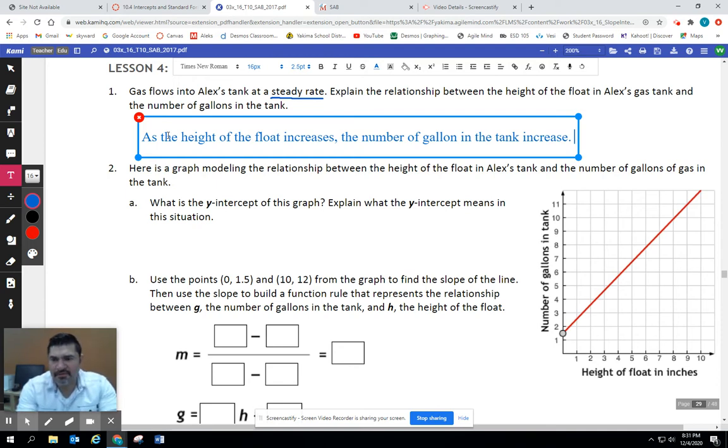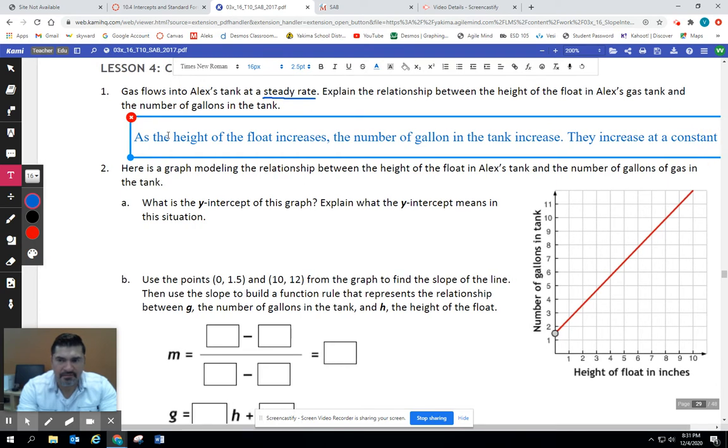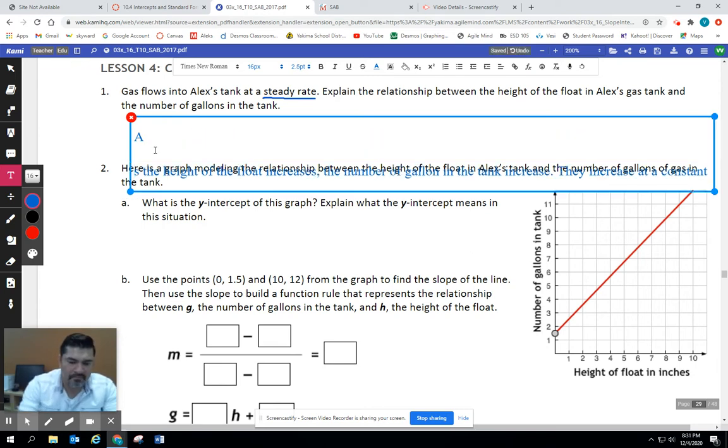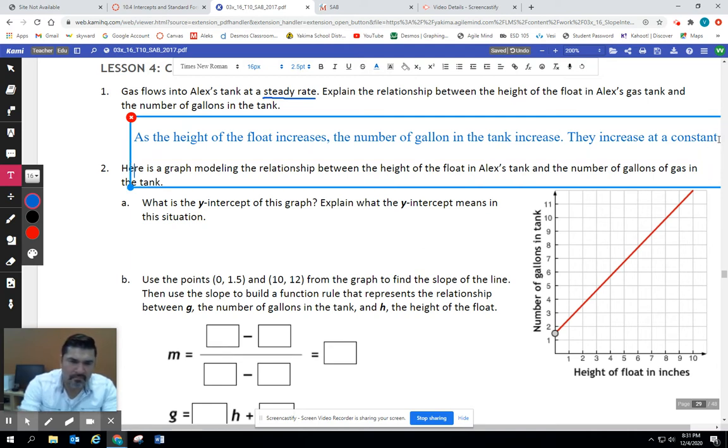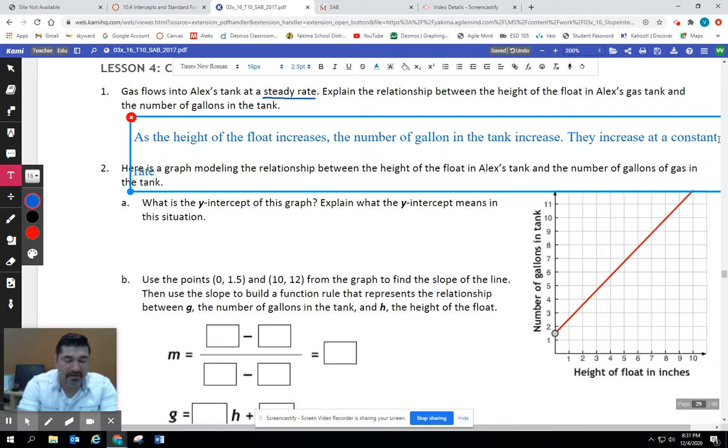Okay, and they both increase at a constant rate.